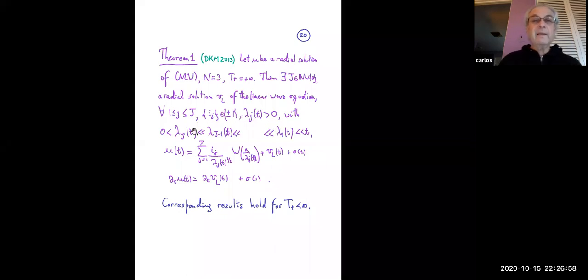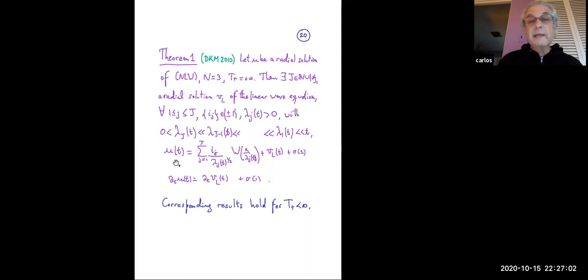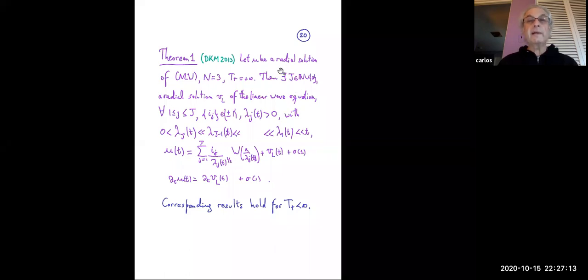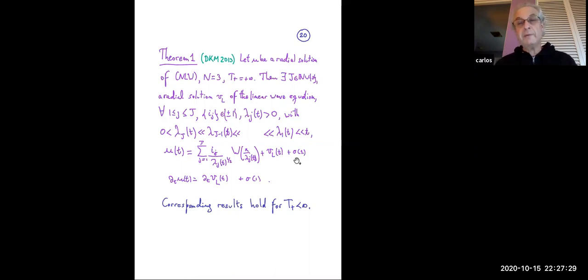So we get these parameters, and the result is that the solution then equals the sum of the rescaled solitary waves, which in this case are static because we're in the radial case and we're in 3 dimensions. So we have the sign, we have the rescaled ground state, then we have the radiation term, and then an error that goes to 0 in the energy space.